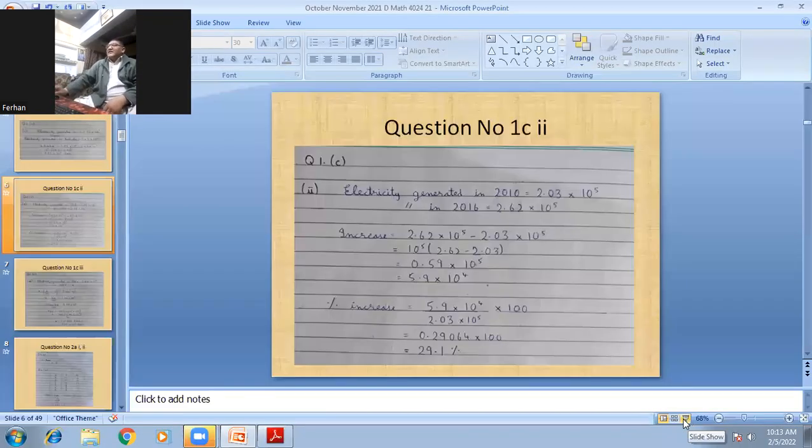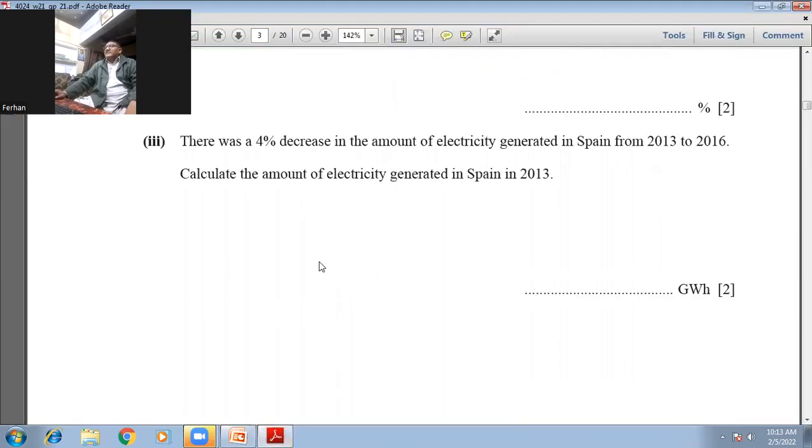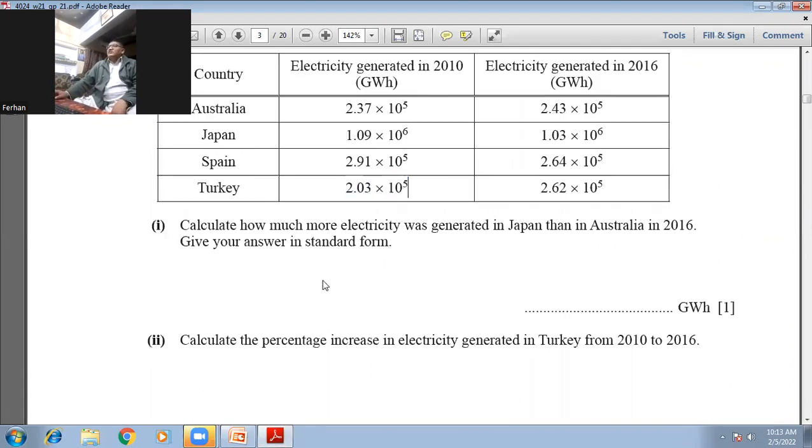Hope you understand. Okay, so let's move to the next question. The next question says there was a 4% decrease in the amount of electricity generated in Spain from 2013 to 2016. Calculate the amount of electricity generated in Spain in 2013. Okay, so they are talking about Spain. In 2016, this much energy is produced.